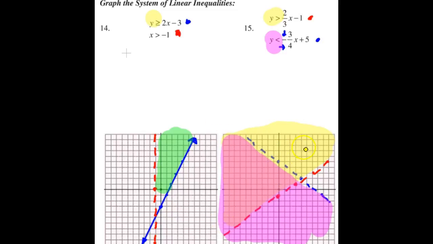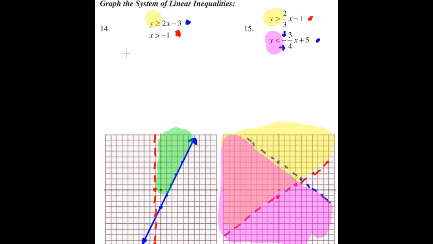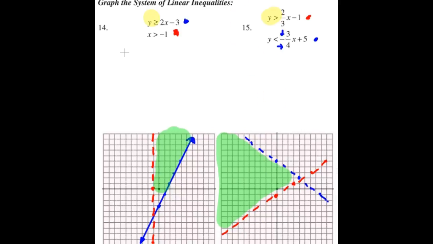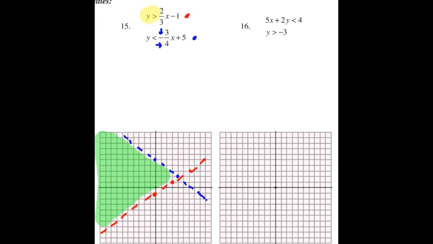So if you have an eraser, go ahead and erase this part and erase this part, and you're going to keep this. Alright, and keep this part. So it's above the red line, greater than the red line, but less than the blue line, below the blue line. Let's do a few more of these.